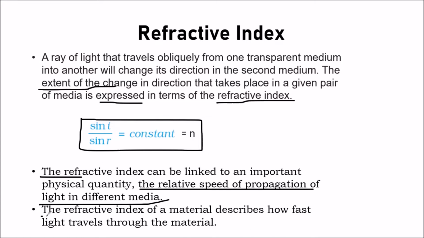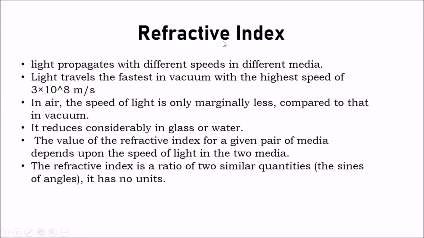The refractive index of a medium or material describes how fast light travels through the material. Some more points to be covered for refractive index. These are some common pointers which you may have understood previously also. Light propagates with different speed in different media. We discussed this when we started the concept of refraction of light.